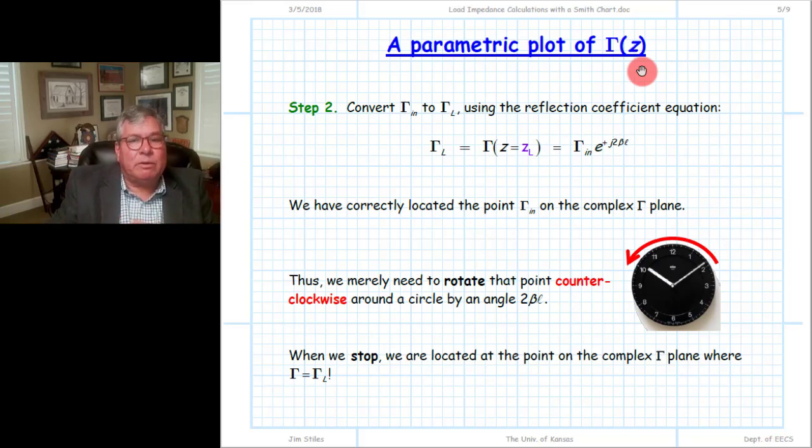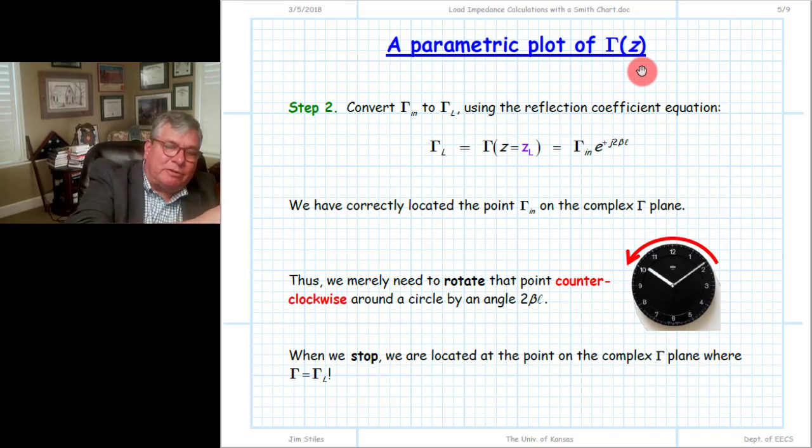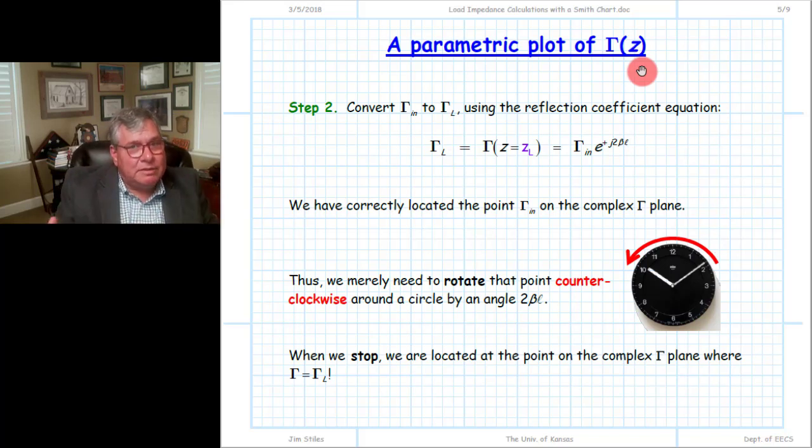In this case, we're moving down the transmission line to the load. The position index z is increasing, and because z is increasing, the value of 2 beta z is increasing, so the angle of the reflection coefficient is increasing. We are rotating around the complex gamma plane in the counterclockwise direction.